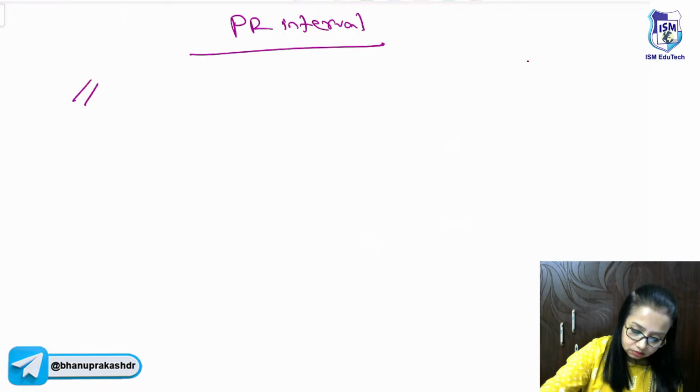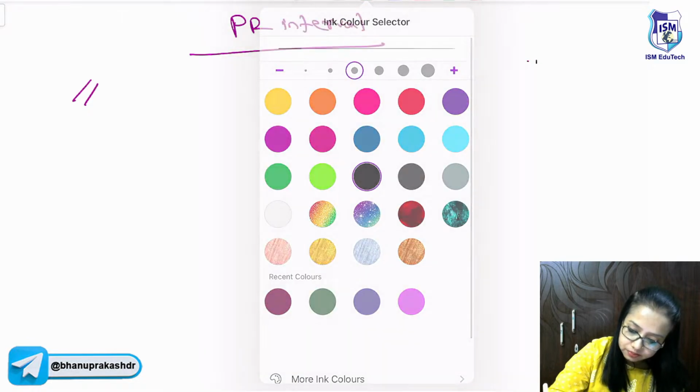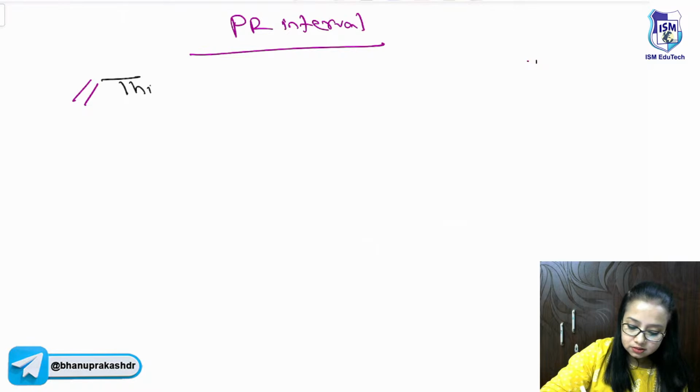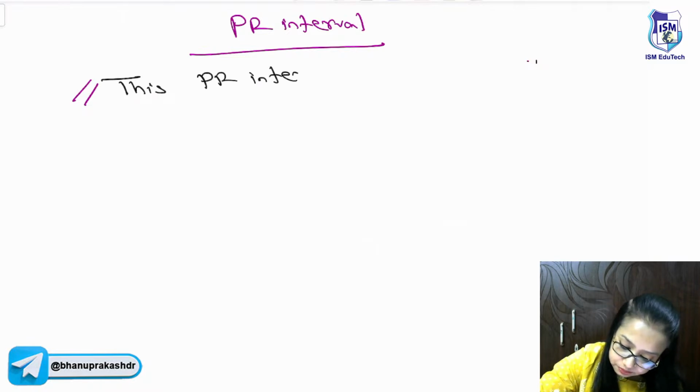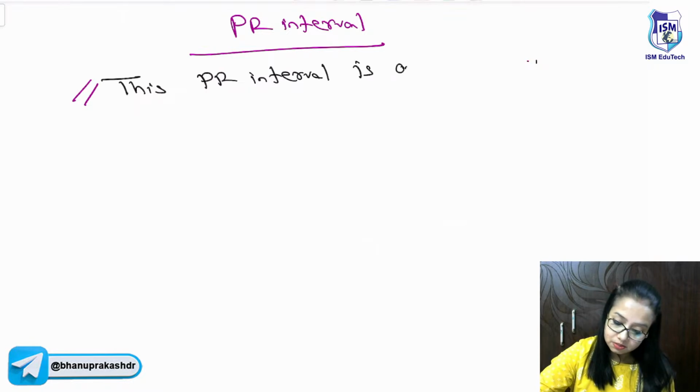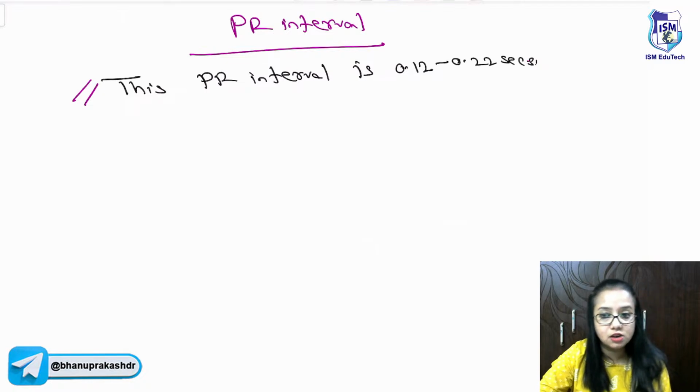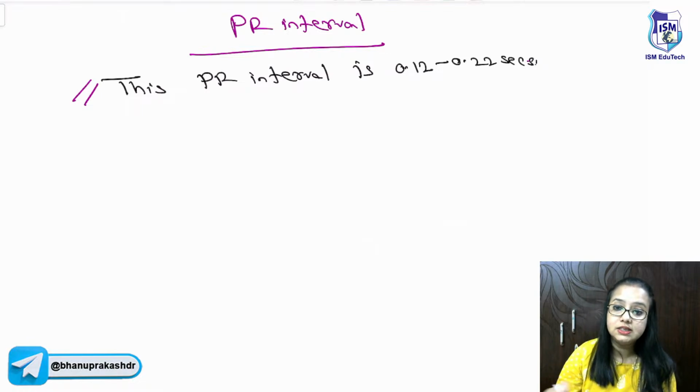Now, this PR interval is about 0.12 to 0.22 seconds. That is how it should be on the ECG. 0.12 to 0.22 seconds.